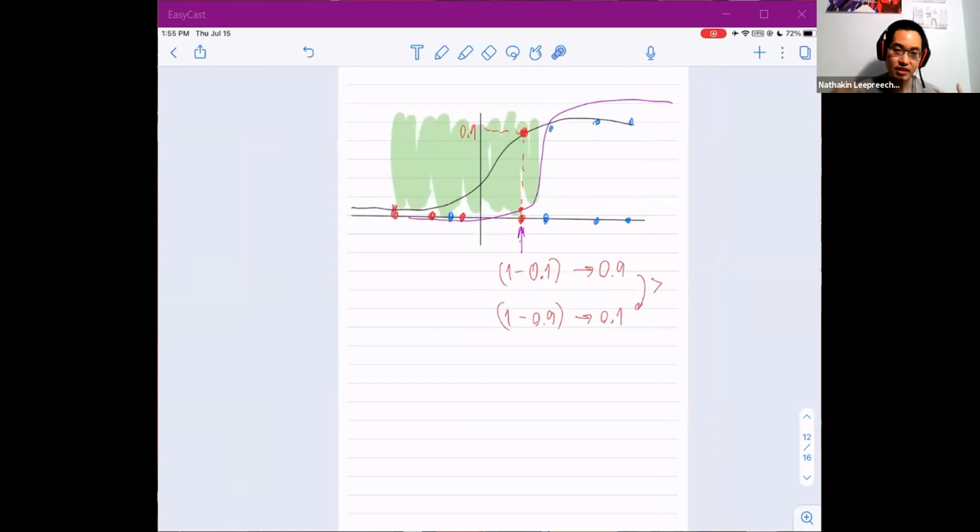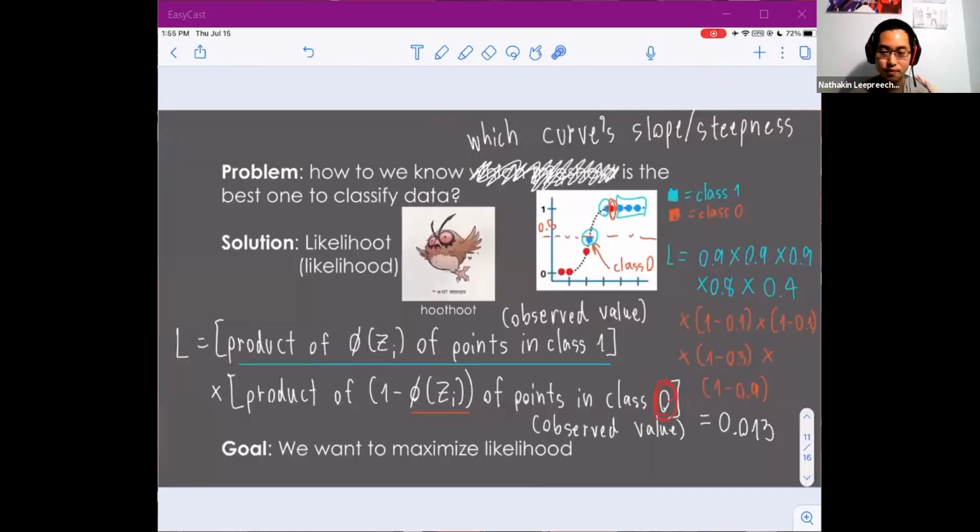So again, let me reiterate that. The problem for the logistic equation is that we don't know what the line is going to look like. So in order to correctly classify the data, we use likelihood, and the likelihood is just finding the product of the points.